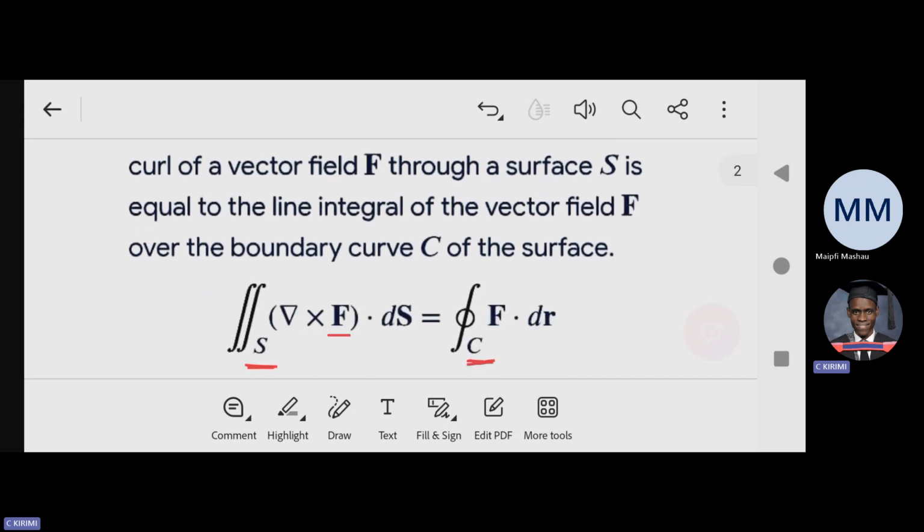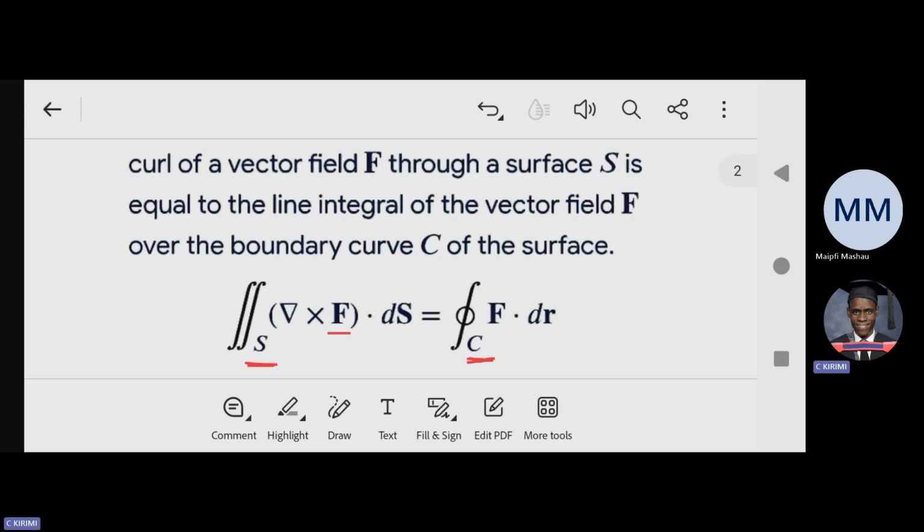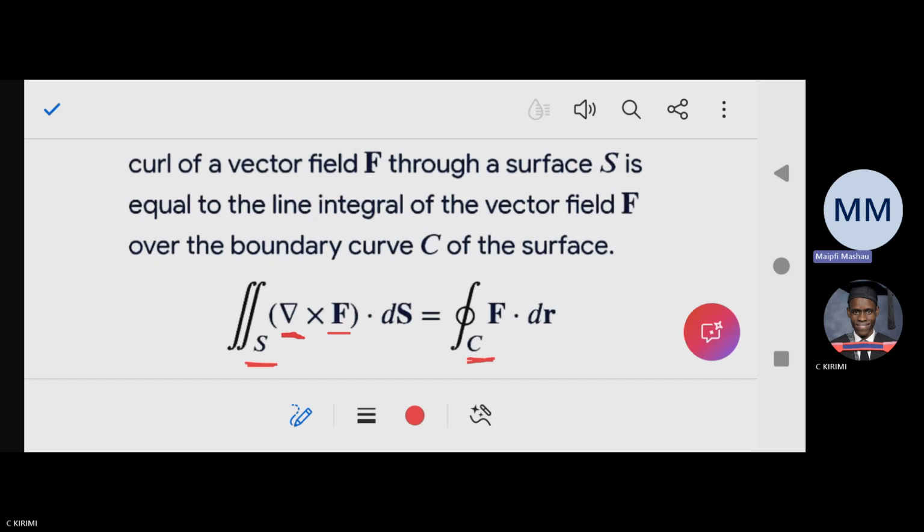So that surface S and the vector field we are given, you can see that grad cross F, dotted with dS. dS is just a change in S. We represent it in the integral as dS.